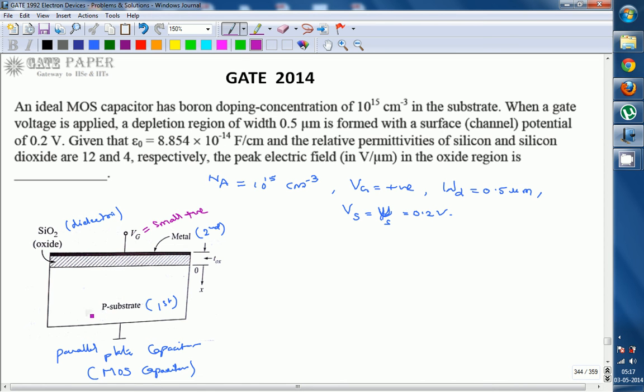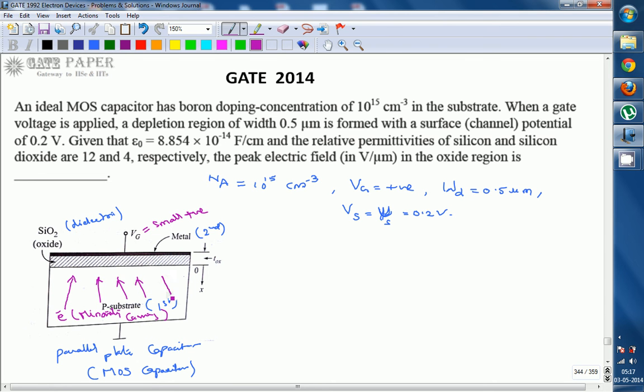Negative charge carriers in the p-type substrate are nothing but electrons, which are minority carriers. Remember that. These electrons will be attracted towards the silicon dioxide layer.